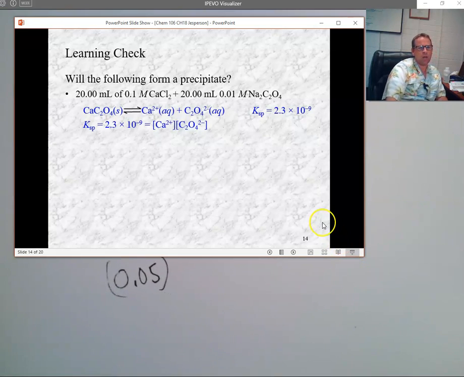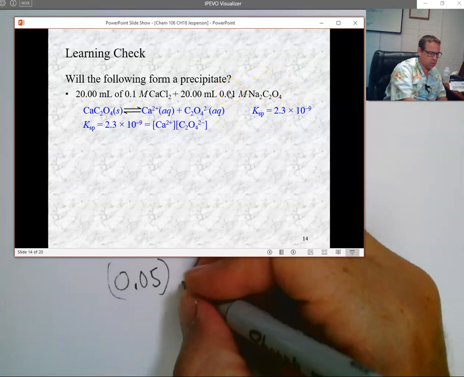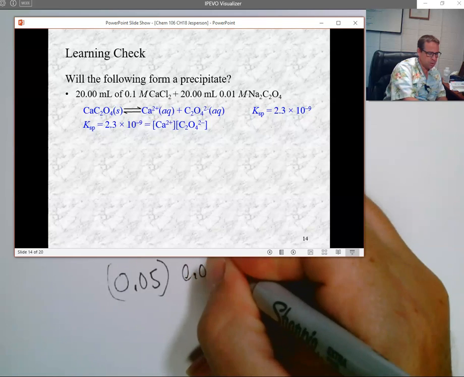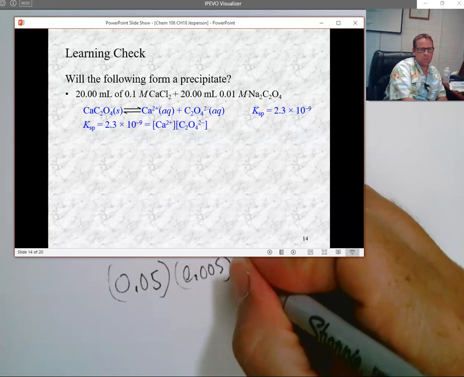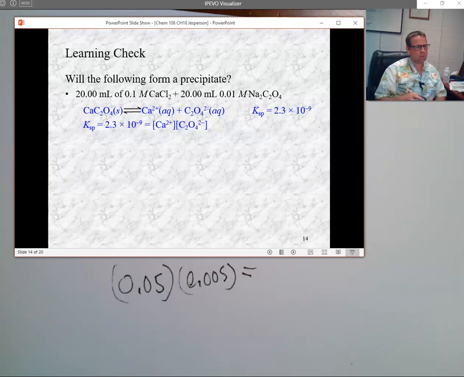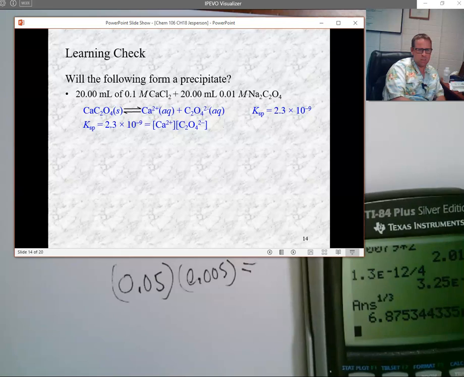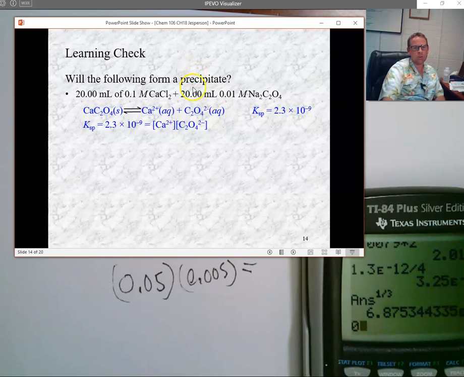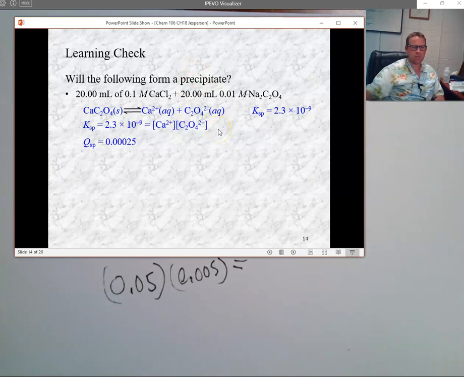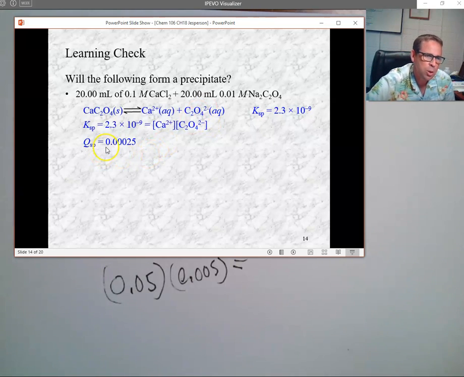And the concentration of the oxalate ion, or the carboxylate ion here, was 20 mils of 0.01 of this ion, again divided by 2, so it was 0.005. We multiplied those values together, and because we did it last class, we won't do it now, the result is 0.00025, or 2.5 times 10 to the minus 4.